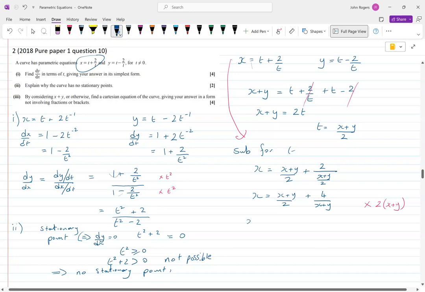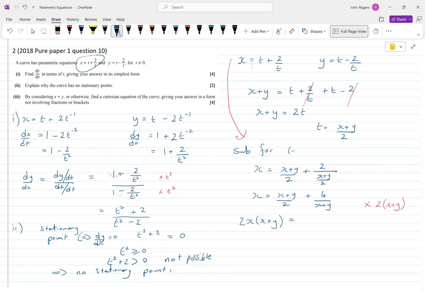So here I would have x times 2 times x plus y. Here I would have x plus y squared, because the 2 would cancel. And here I would have just 8, because the x plus y would cancel.